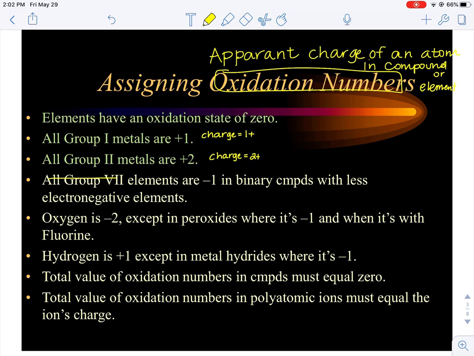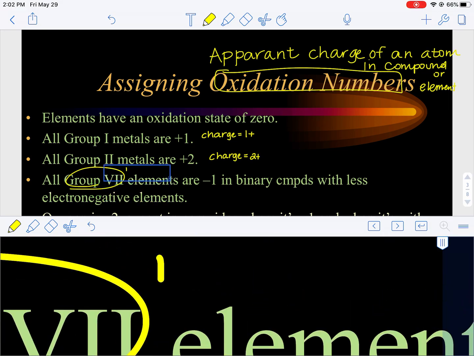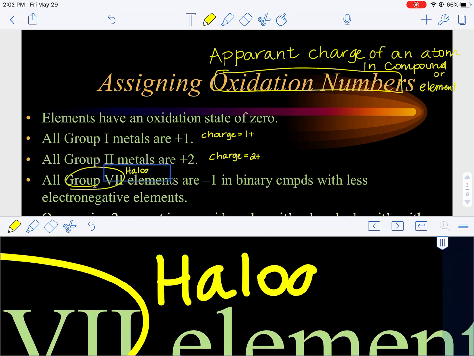All right, all group 7 elements are -1 in binary compounds with less electronegative elements. Well, group 7, those are our halogens. And we know that halogens have 7 valence electrons.